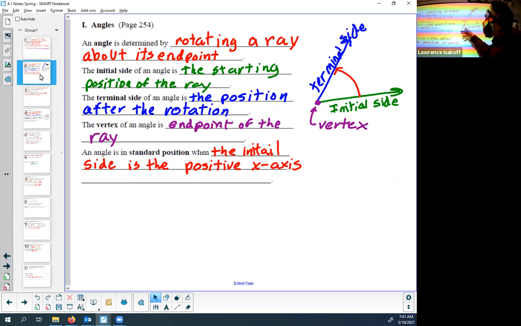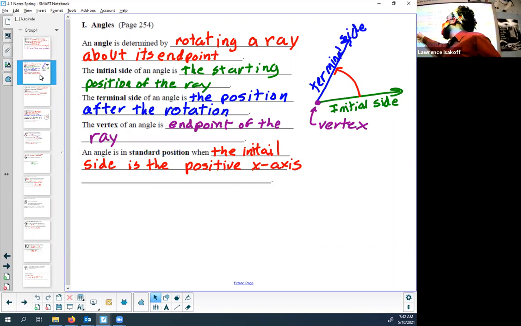So just some vocabulary here. An angle is determined by rotating a ray about an endpoint. The initial side here in green is the starting position. The ending side or terminal side is the position after the rotation. And the vertex is that endpoint of the ray.